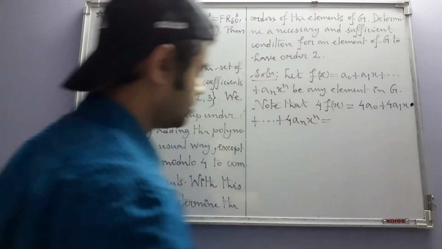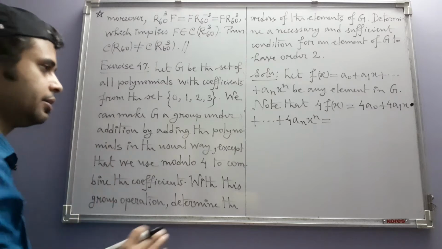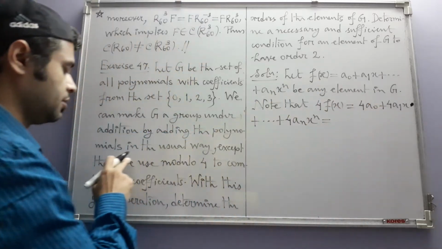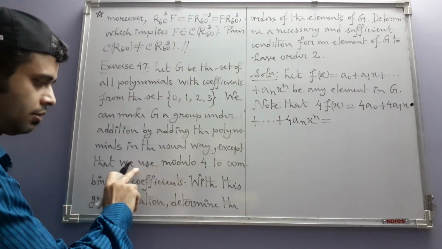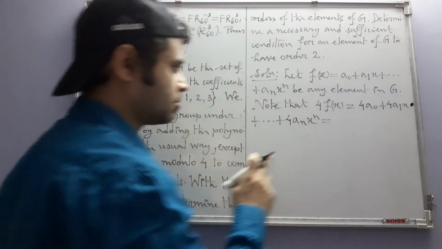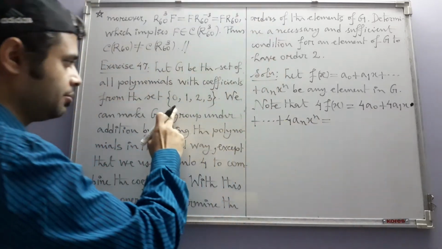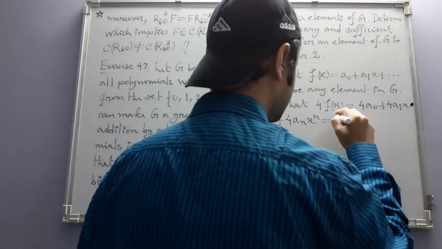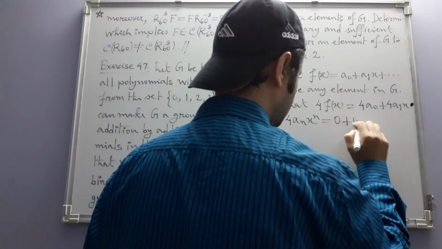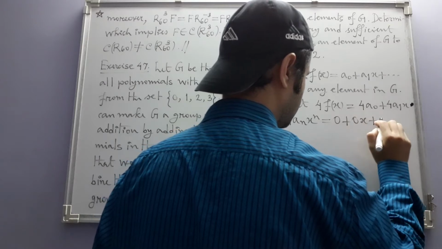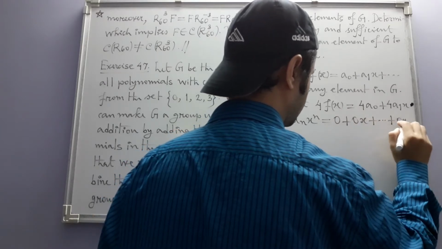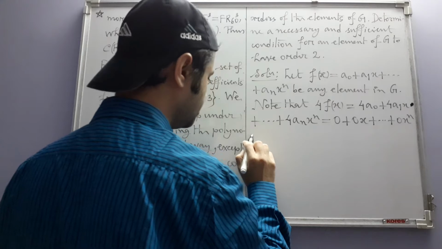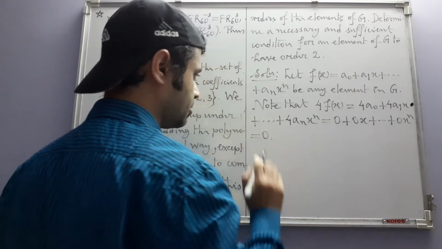And you can see that since this addition of the coefficients is addition modulo 4, 4 times any element here is going to give us 0, which is nothing but the 0 element of the group.